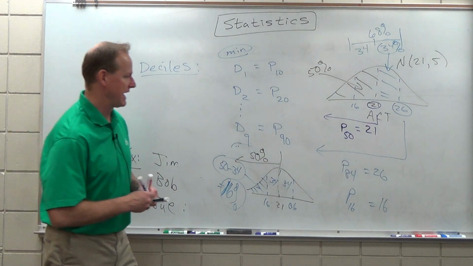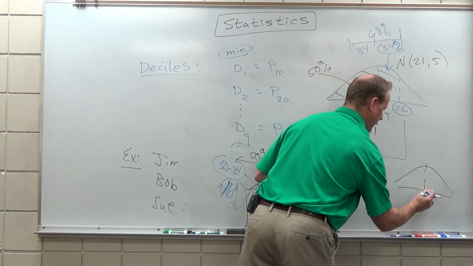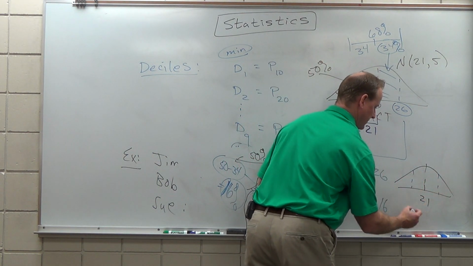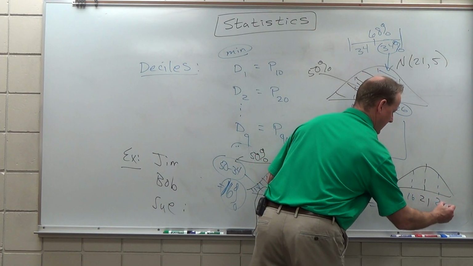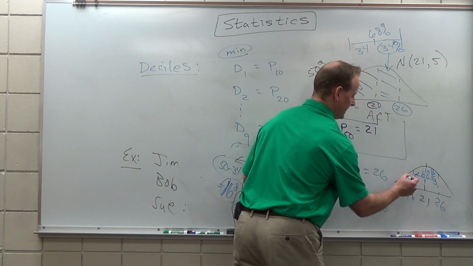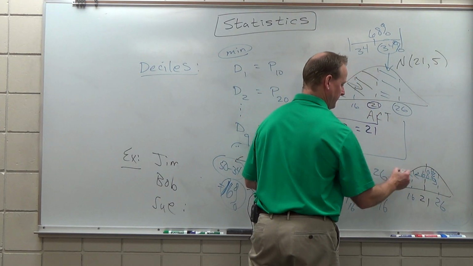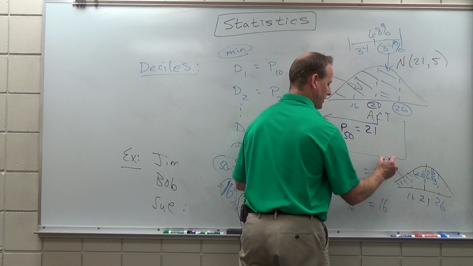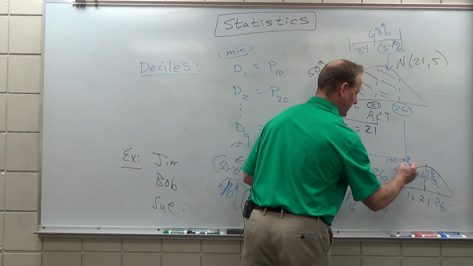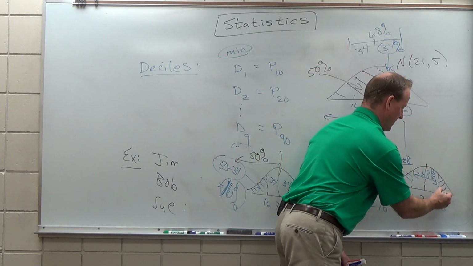Another way we could do that, just to draw another quick picture, with 21 here: if I know that between 16 and 26 I have 68% of the data, and I want to know what this tail is, then I can say 100% is the whole thing, minus 68, and then divided by 2 tails, because I've got a tail on that side and also a tail on this side.